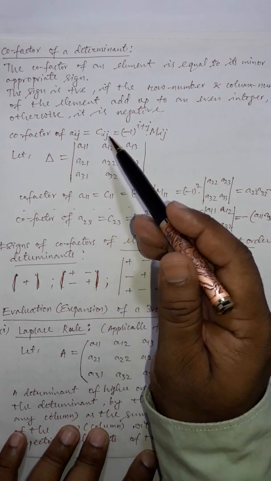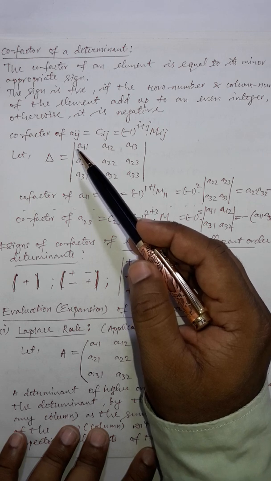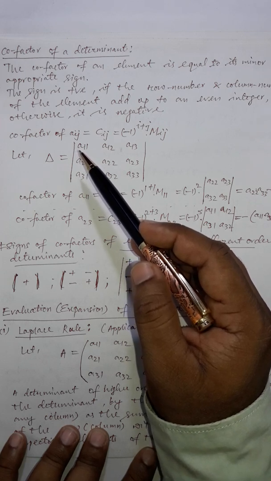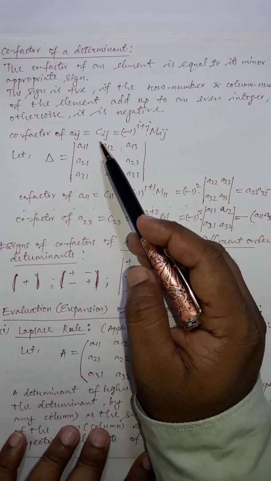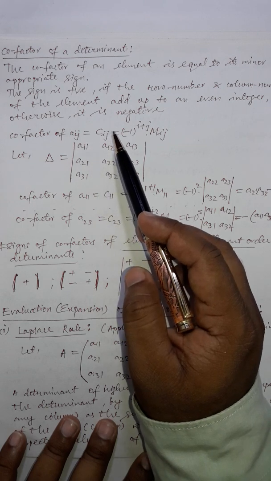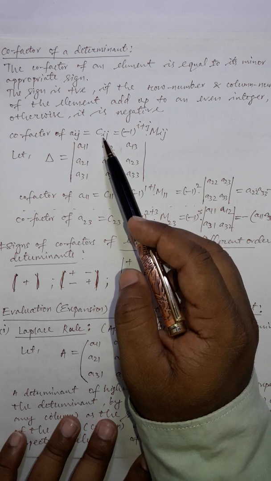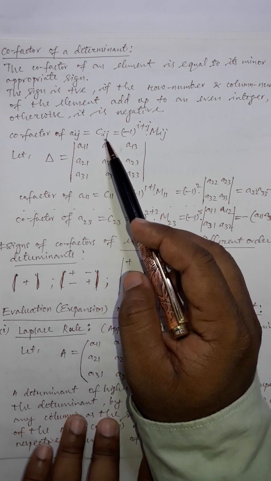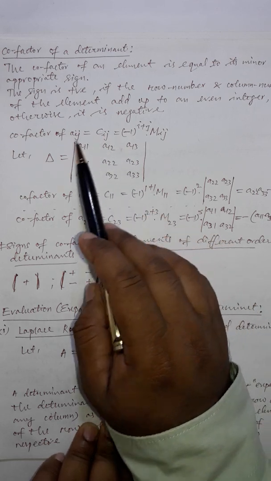If you add the row and column number to which that element belongs, and if the sum is an even number, then there is no change of sign in the minor to get the cofactor. But if the sum of the row and column number of that element is an odd number, then by changing the sign of the minor of that element, you will get its cofactor.